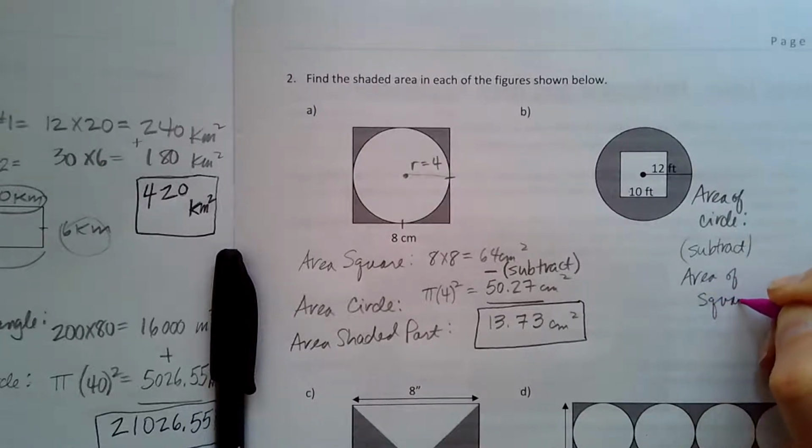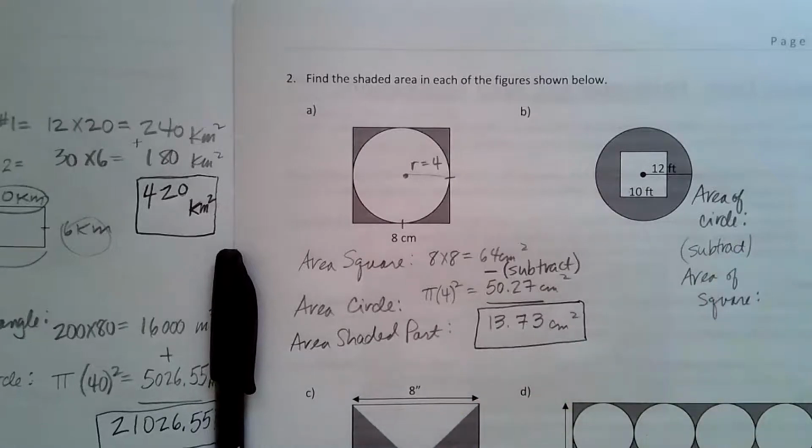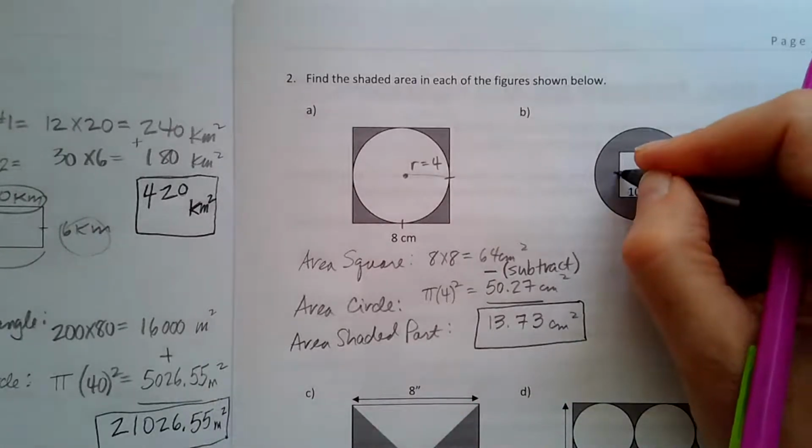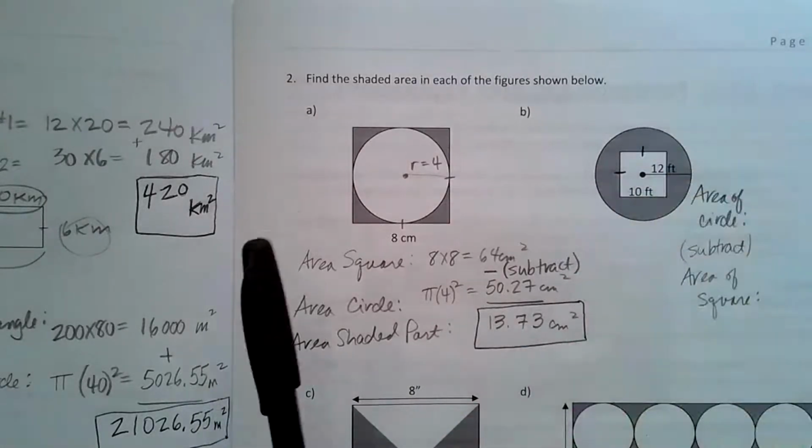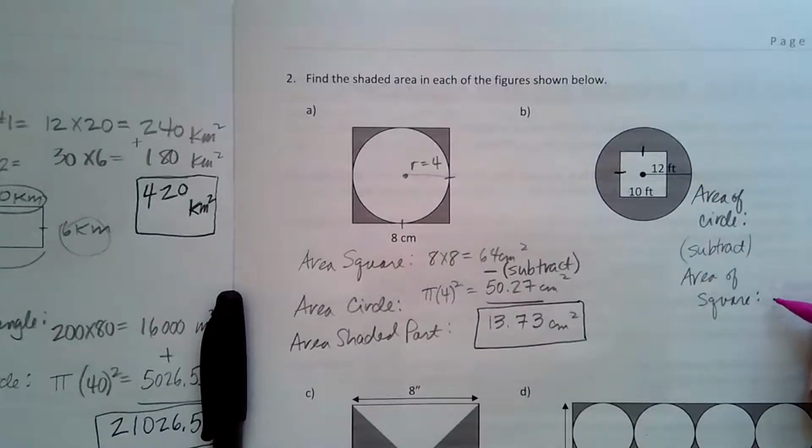And again, we didn't do a great job of telling you this is a square, but we should have had little notches. Okay, I'll do the square first because it's so easy. 10 times 10 is 100 feet squared. Now here, what do I get here? Pi times 12 squared, because 12 is the radius.